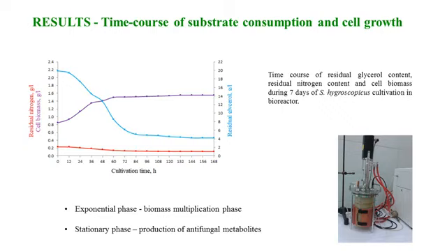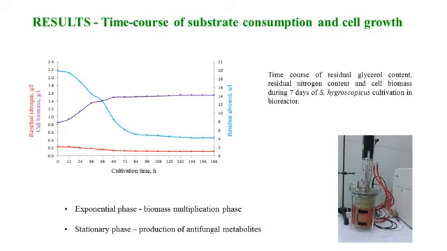The results are shown in the graph on the left side of the slide. Based on the data, it can be observed that consumption of glycerol is more intense at the start of the bioprocess, up to 72 hours. This indicates that Streptomyces hygroscopicus uses this nutrient during the biomass multiplication phase.